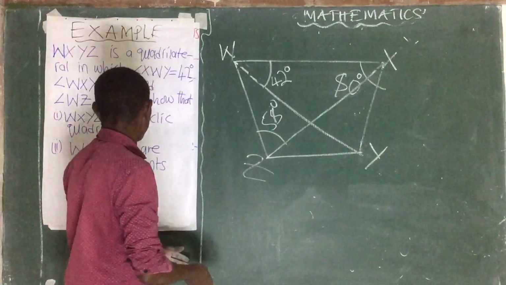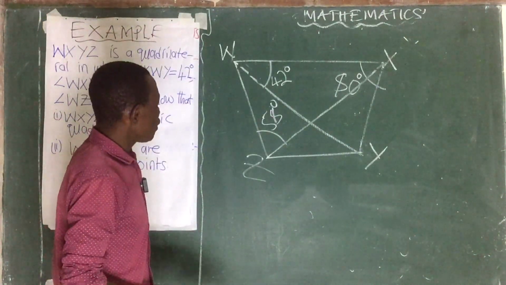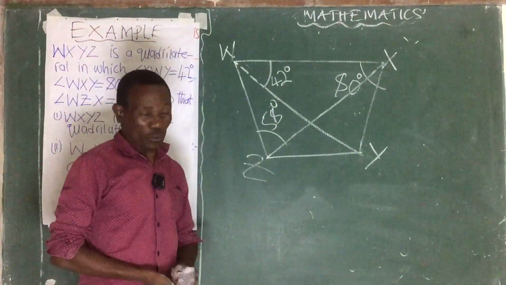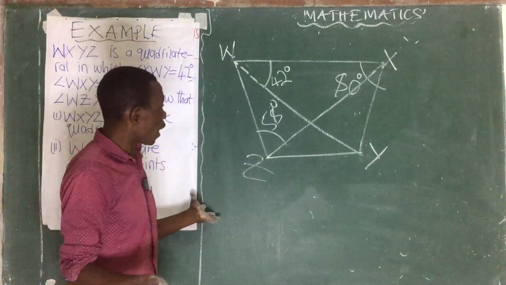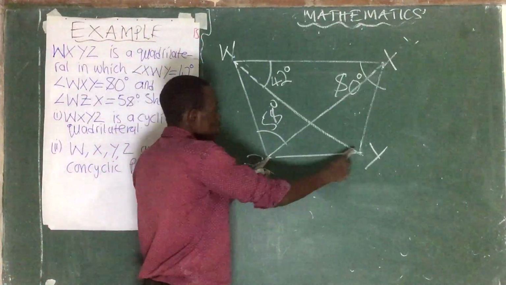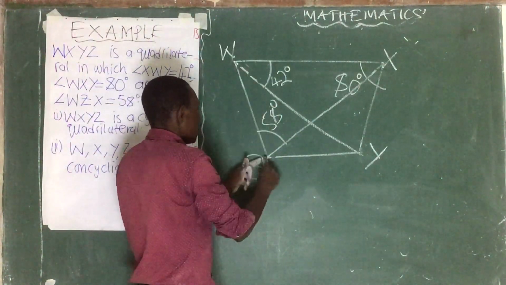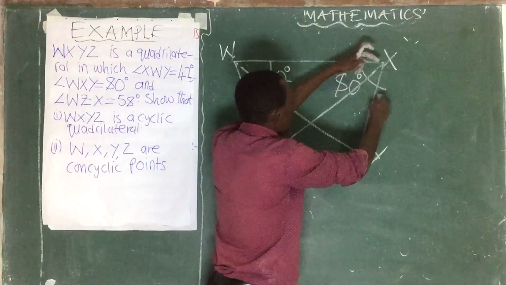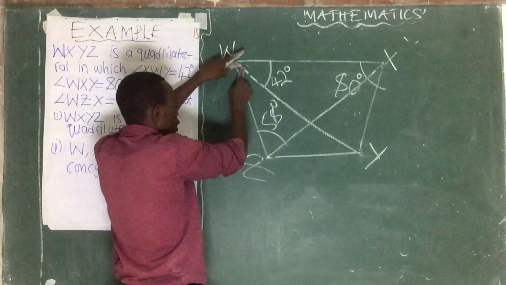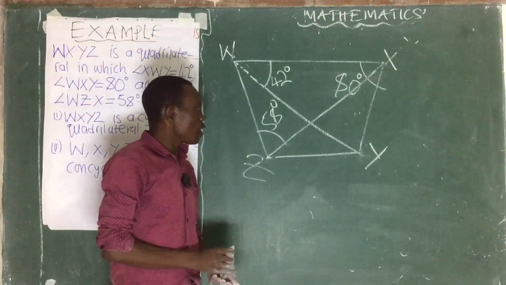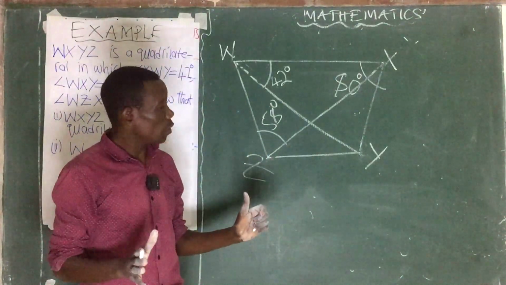So we are going to use the property that a line segment subtends equal angles. But now, here we don't have equal angles anywhere. Line ZY is subtending this angle, and ZY is subtending that angle. Or else XY is subtending this angle, and XY is also subtending that angle. But looking at the values, they don't show that the angles are equal anywhere.